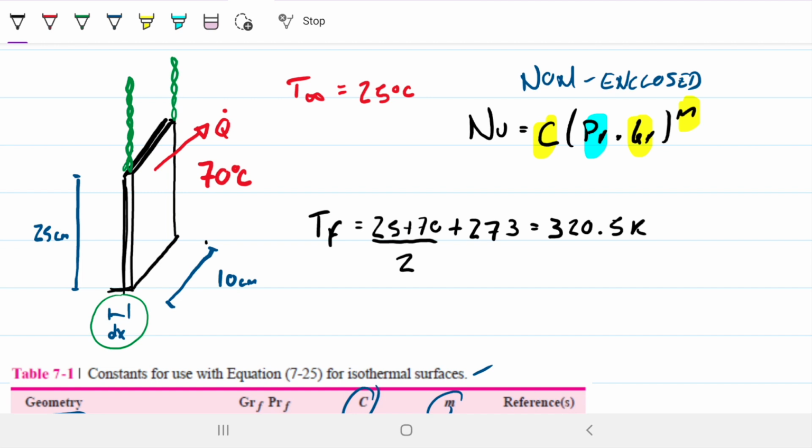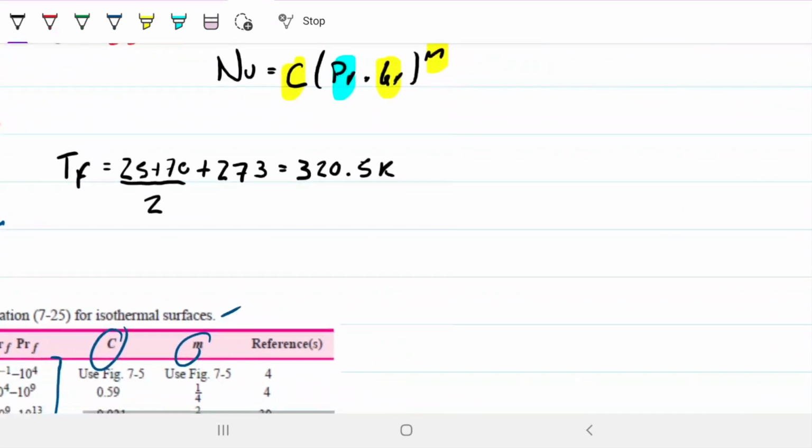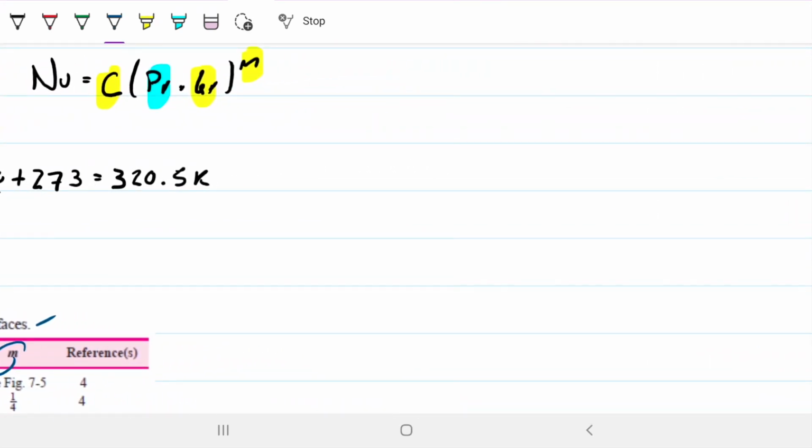I'll grab properties for this. Since some people claimed they wanted to use the density as opposed to the kinematic viscosity, let's grab all these properties. For density, nothing is said about pressure, so we can assume 1 atmosphere, so this is just as good for density.